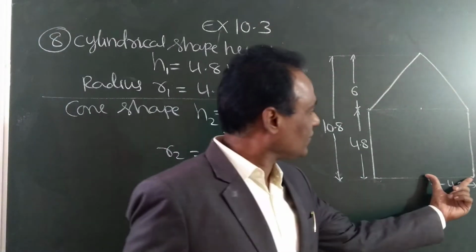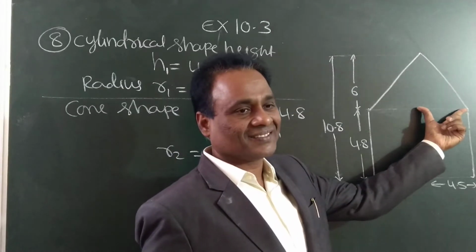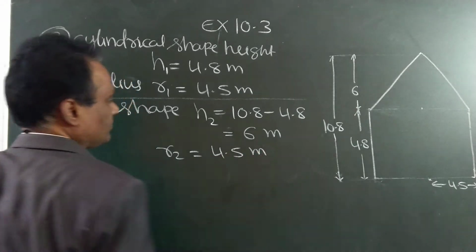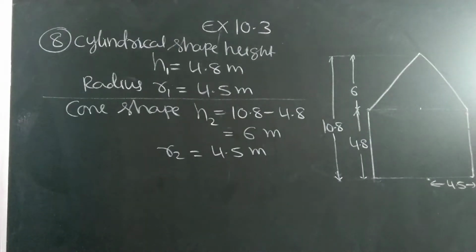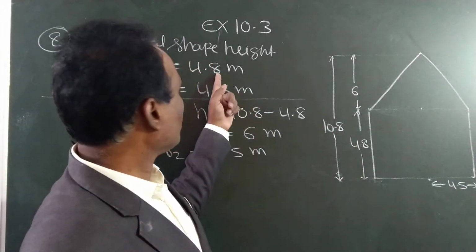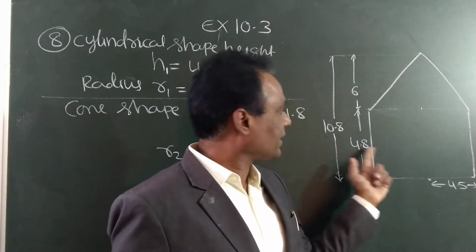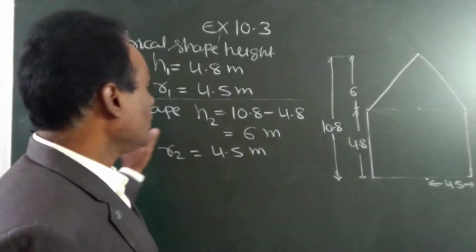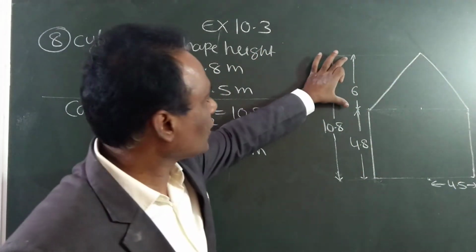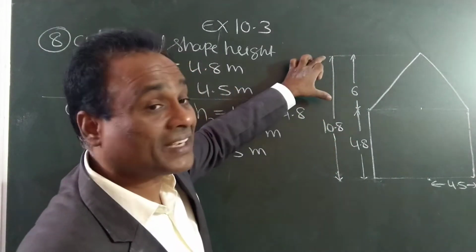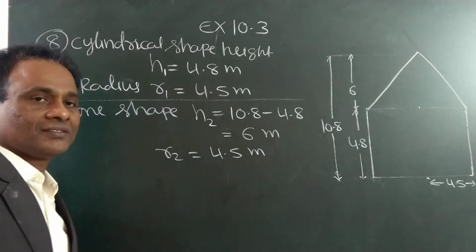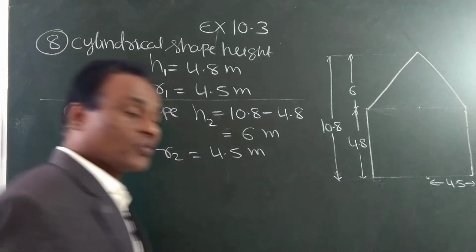Same as this, 4.5. That's all. For the cone shape, radius is the same 4.5; height is not given but total height is given, 10.8 minus 4.8 is 6. Now the question.